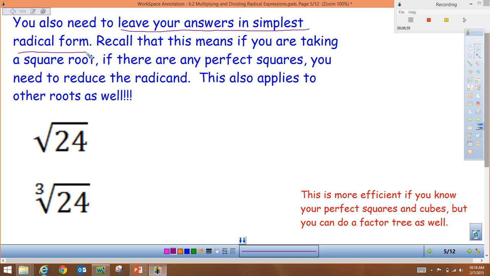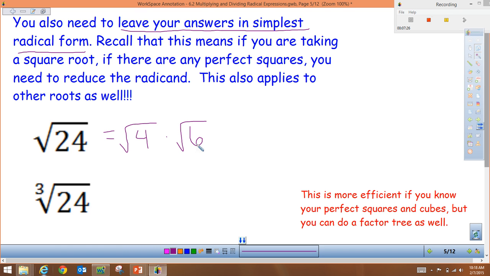So let's look at these examples. Square root of 24. Do we know of any perfect squares that fit into the square root of 24? We do. This equals the square root of 4 times the square root of 6. This is why it's going to be very helpful for you to have that chart that we made the other day in front of you while you're doing these problems.